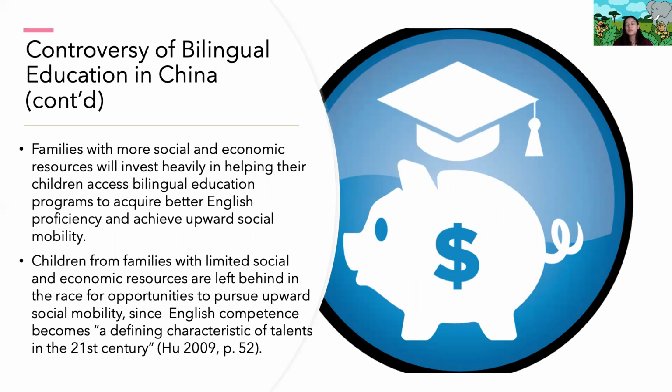But education always goes along with investment, specifically investment of time and money. So families with more social and economic resources will invest heavily in helping their children to access bilingual education programs so that these children can acquire better proficiency and achieve upward social mobility.